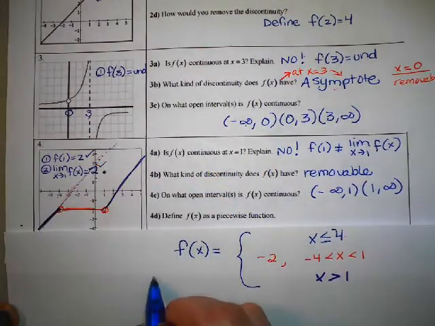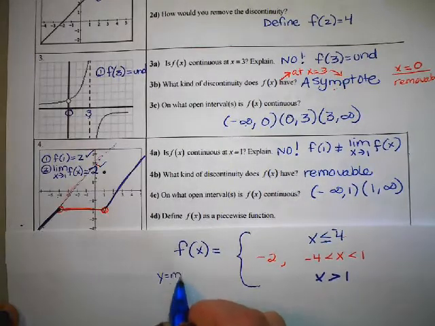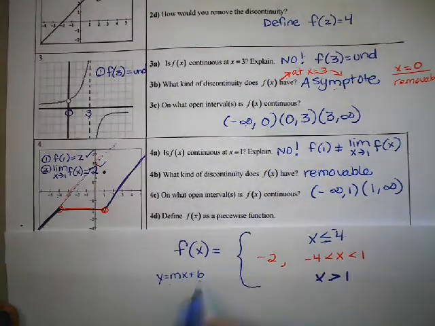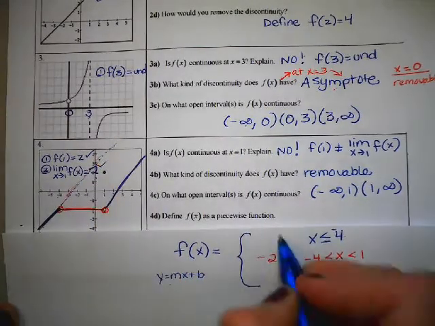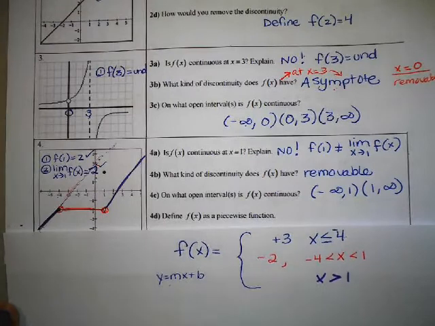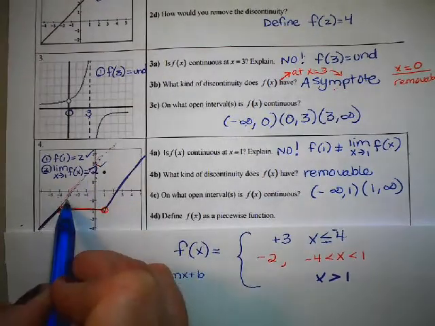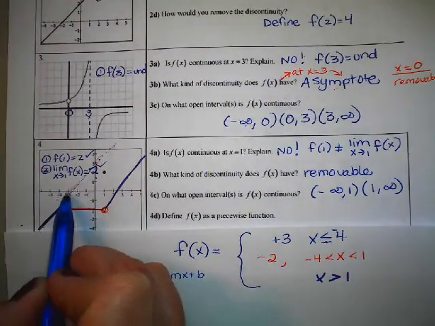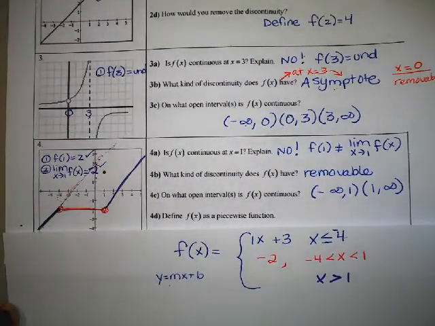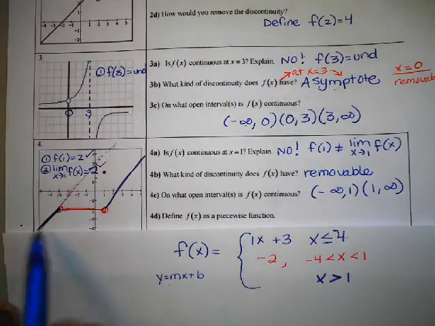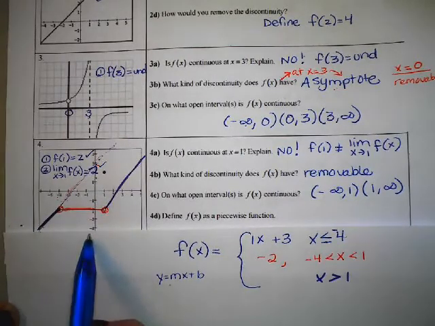So if I was going to write an equation in y equals mx plus b, my b is my y-intercept, which looks to be about 3. So +3. And my slope appears to be about 1, up 1 over 1. So I would say 1x plus 3. It's going to be my best estimate because I'm not on true graph paper here.